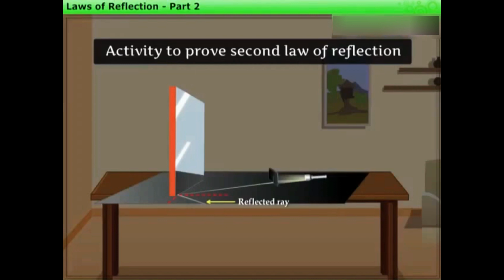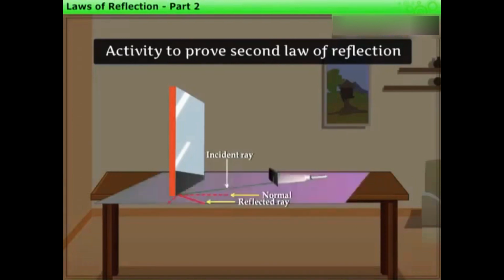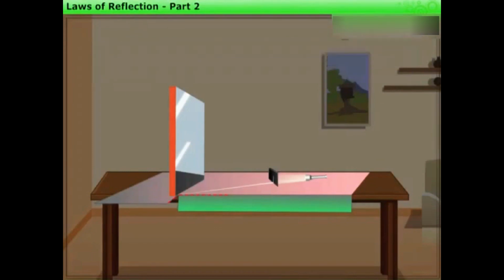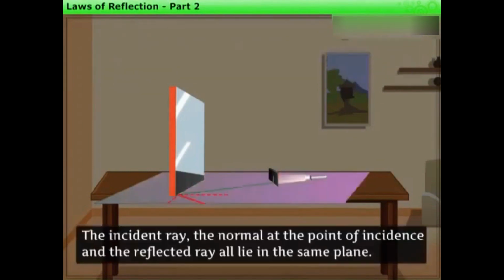The incident ray, the normal, the point of incidence and the reflected ray are all in this plane, but when you bend the paper, you create a plane in which the incident ray and normal lie, but you will not see the reflected ray. And this proves the second law of reflection. That is, the incident ray, the normal, the point of incidence and the reflected ray all lie in the same plane.